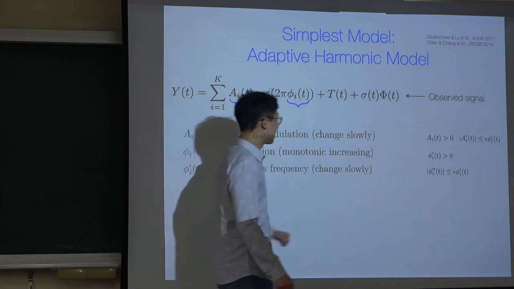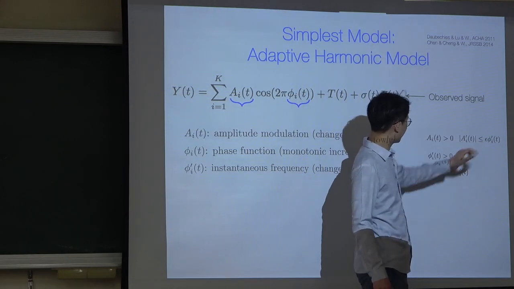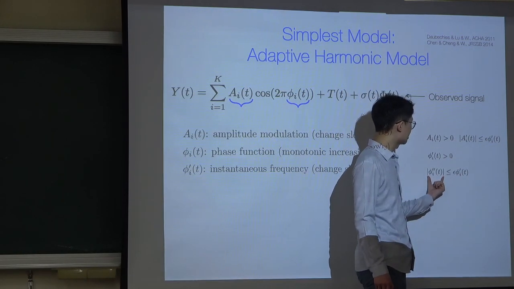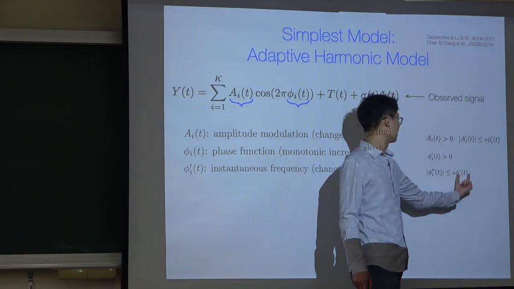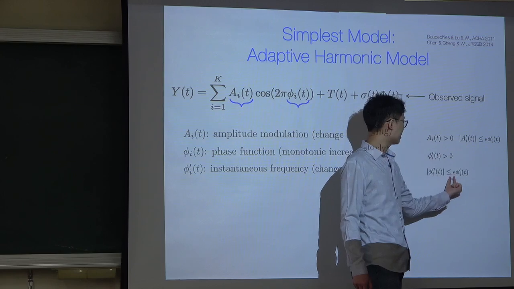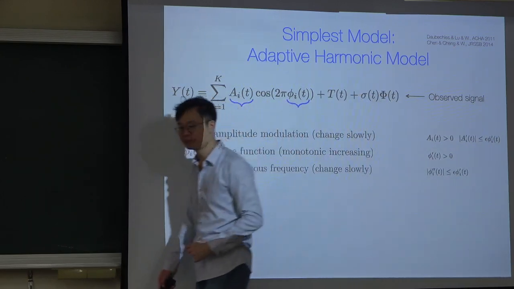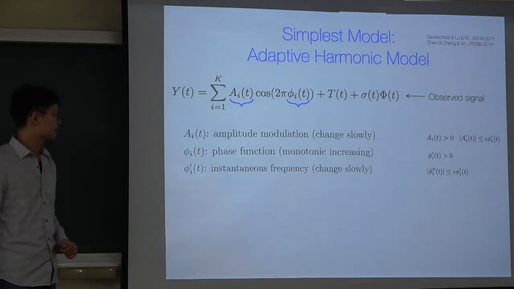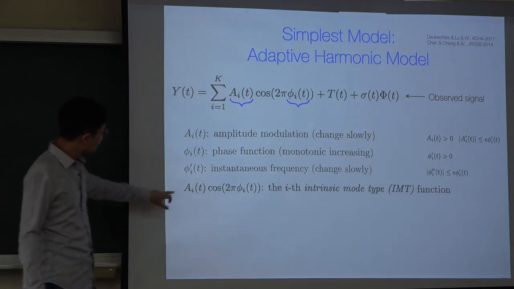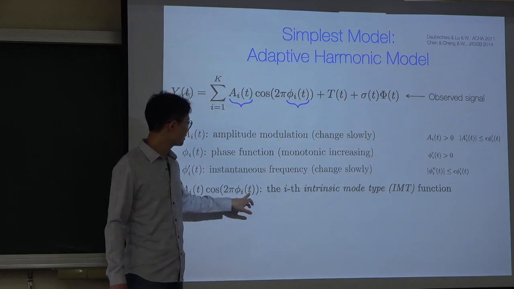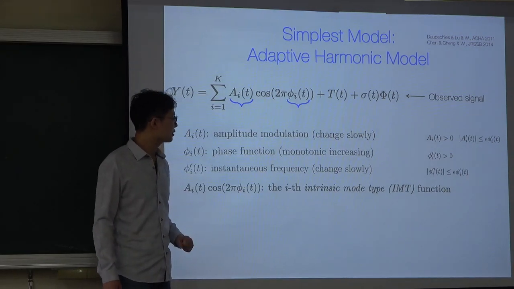That is, the amplitude modulation change and the instantaneous frequency change will be much smaller than the instantaneous frequency at the rate epsilon, which is determined by you as the model designer. Epsilon usually is small. And we call a_i(t) cos(2π φ_i(t)) the intrinsic mode type function.